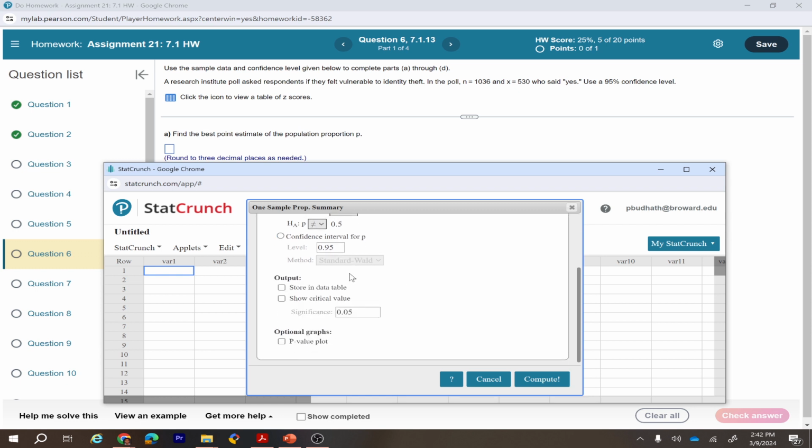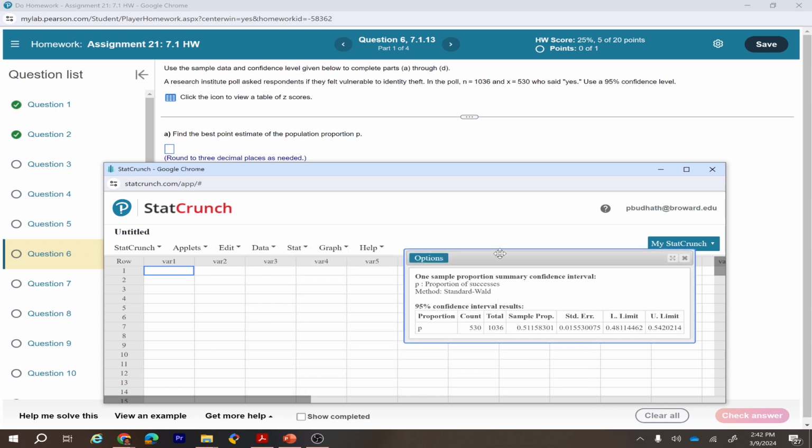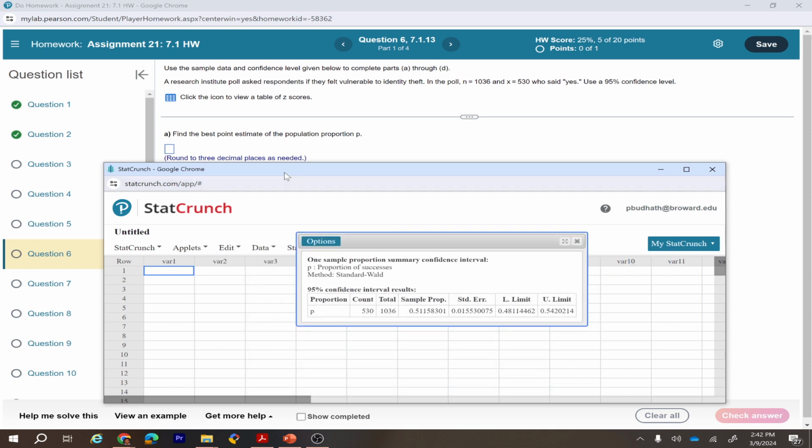Instead of a hypothesis test, which we are going to use later in the future, in this section we want to find the confidence interval with the 95% confidence level, which is already there, the standard Wald confidence interval. If you choose this option and hit compute, you will be able to find all the information you are looking for.